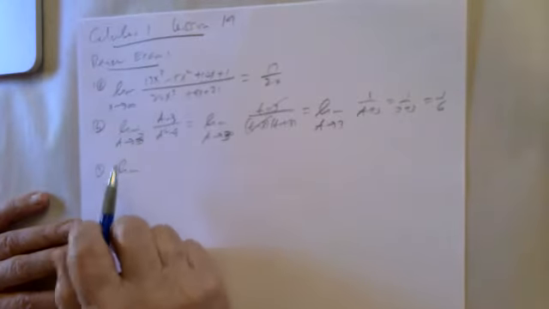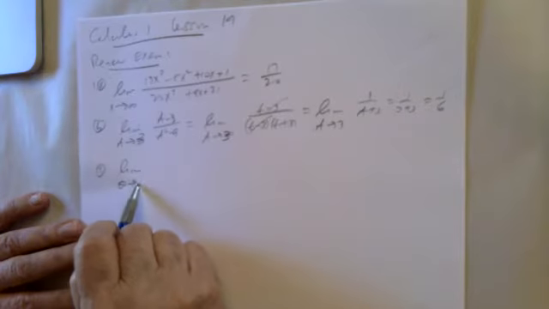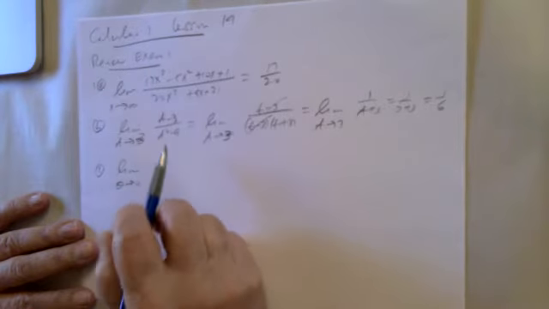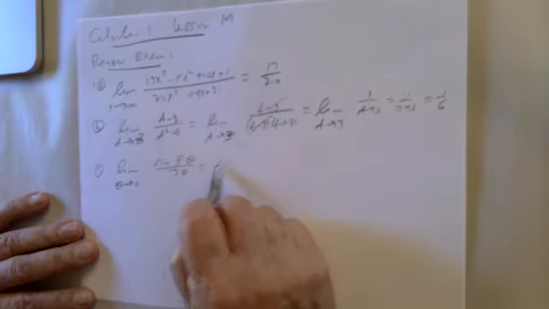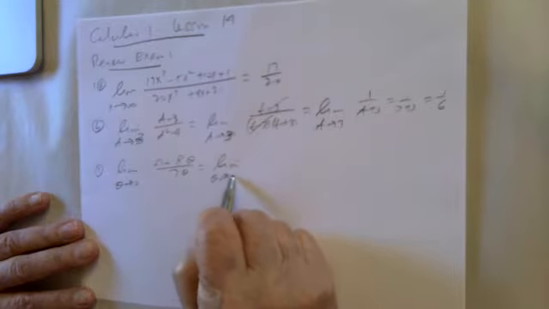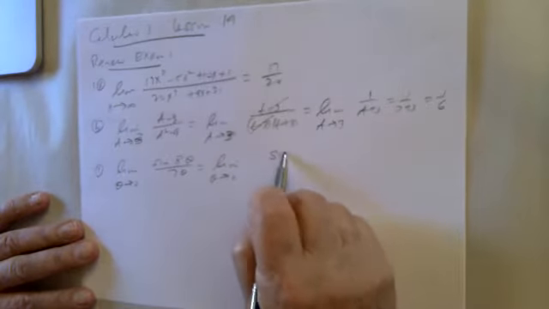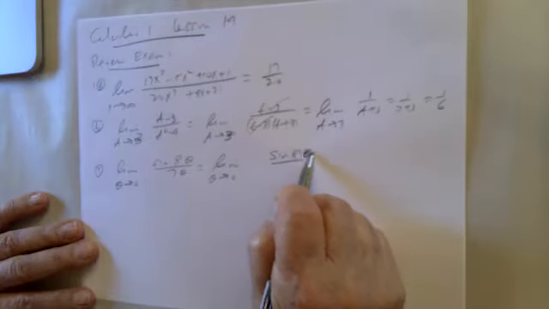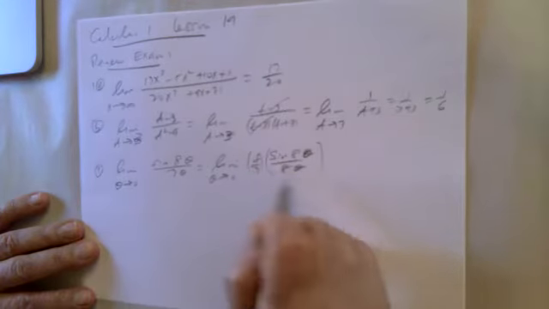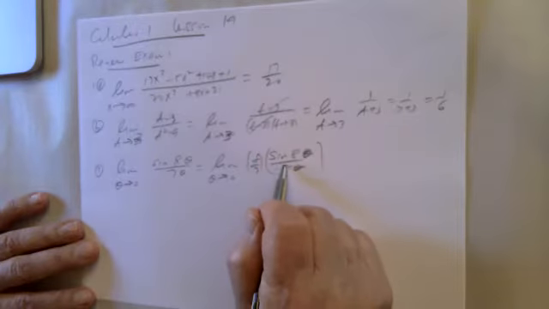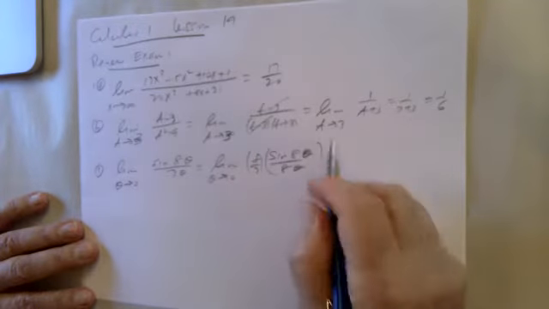And the limit as theta goes to 0 of sine of 8 theta over 7 theta. We could have it as sine 8 theta over 8 theta, but then times 8 over 7, right? Because 8 over 7 times this 1 over 8 theta is 1 over 7 theta.